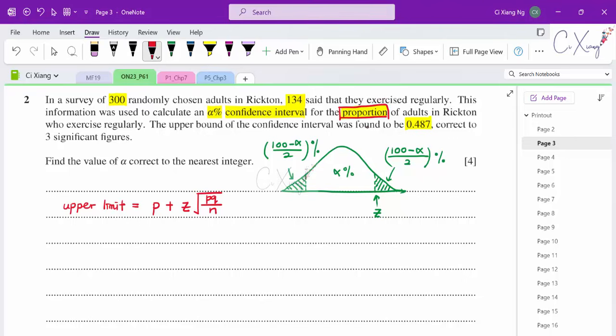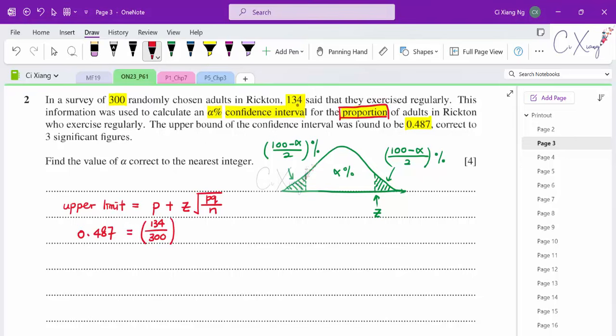For the mean, it would have something like sigma over square root n, but this is for proportion, therefore this is how the formula looks. The upper limit is already given in the question, which is 0.487. How to find the value of p? You can get the proportion from the survey information given here. In total you have 300 chosen adults in the survey, and 134 fulfill the requirement. So to get the proportion, it should be 134 divided by 300.